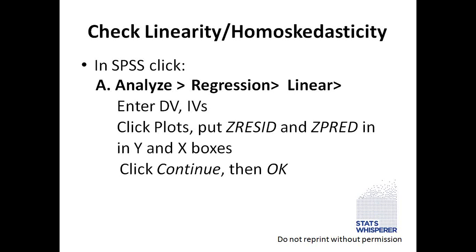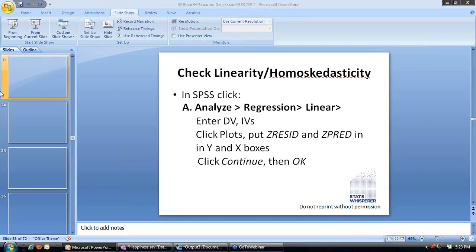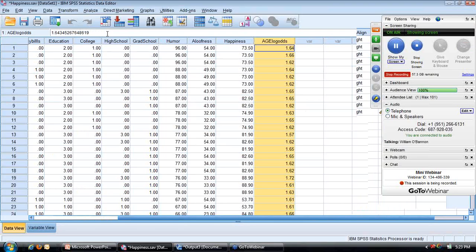Under Plots, we go to the Y and X boxes and enter ZRESID and ZPRED, then click Continue and OK. From the scatter plot that comes out, we can see the linearity and homoscedasticity. So let's take a look at that in SPSS really fast.